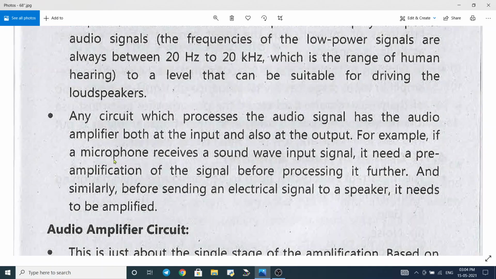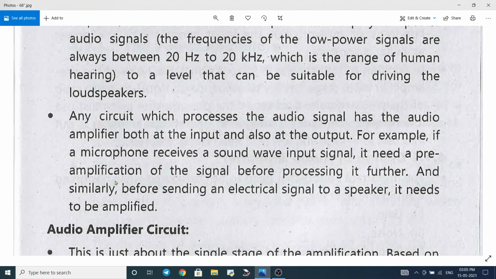So a microphone receives sound wave as an input signal, and it needs a pre-amplification. The output of microphone is an electrical signal in audio frequency range, but it cannot be directly given to the loudspeaker, or to the power amplifier last stage.